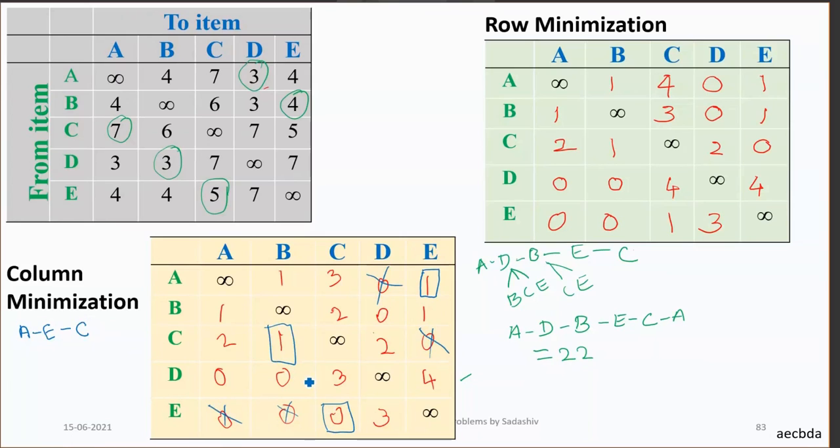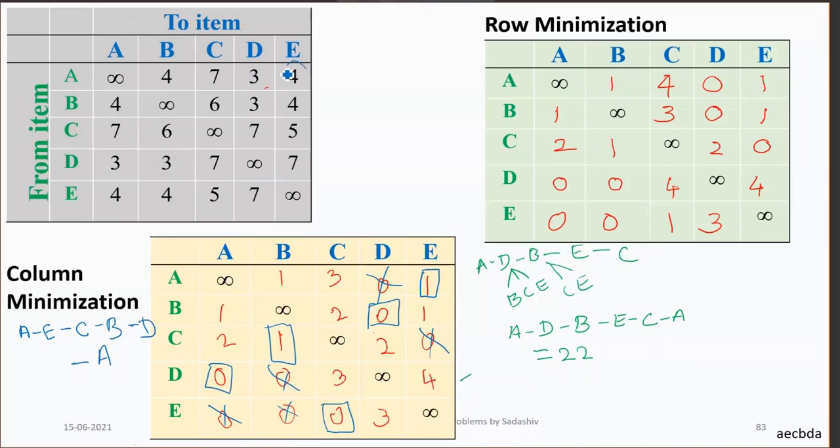After that, C to B he can move, and after that B to D is possible, and after that D to A. No other option, he has to move to A. In this case, what is the total cost?